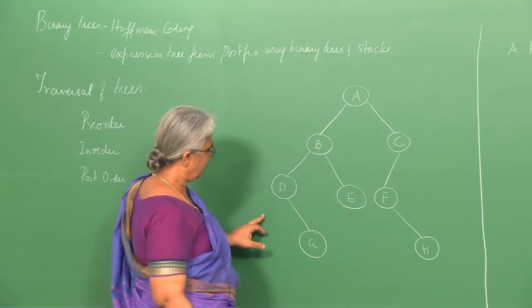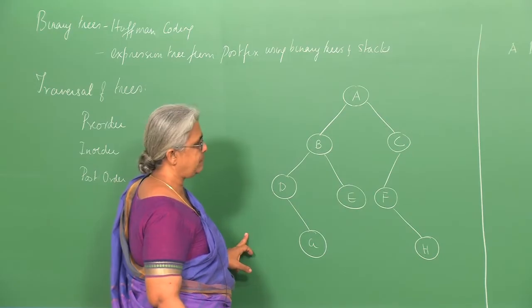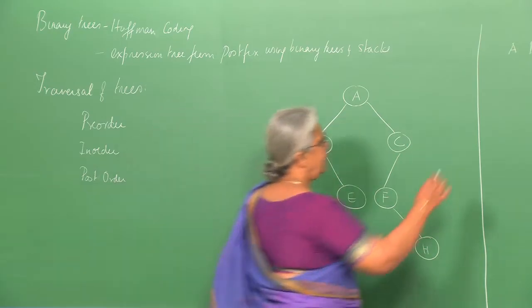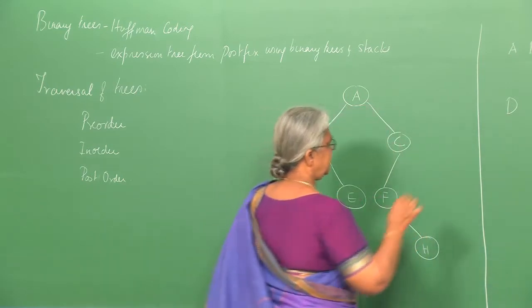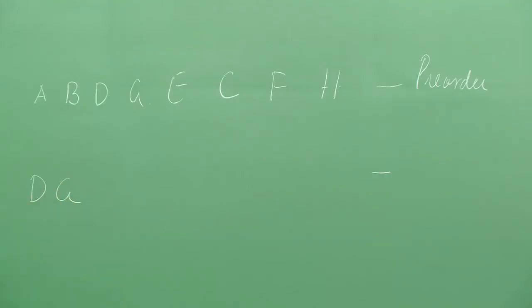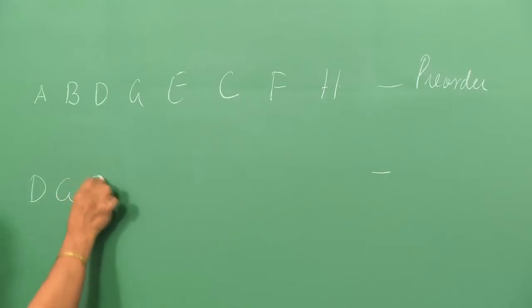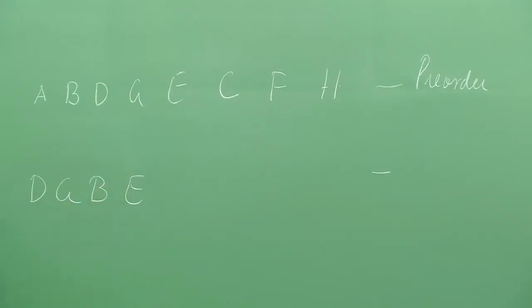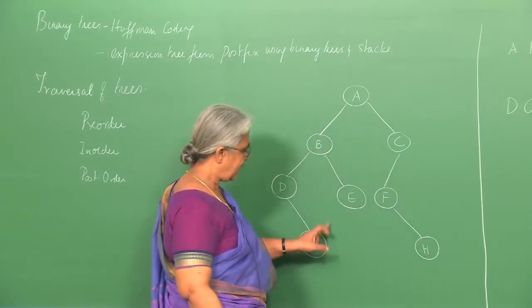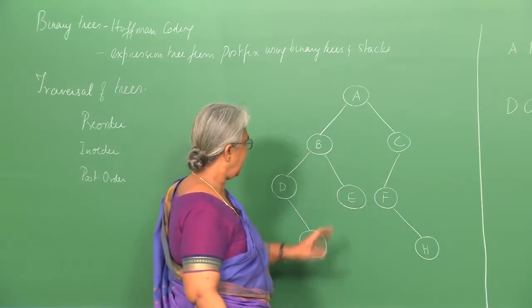So, if I keep going down, I come up till D. D has no left child, then I display the root, D, then its right subtree G, then I go back one level up, we have B, then its right subtree E. If this one had children, then we would have again done this in order. Everything has to be done in order.